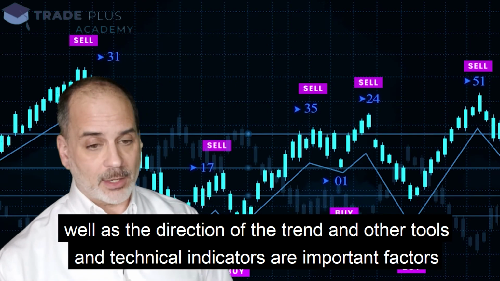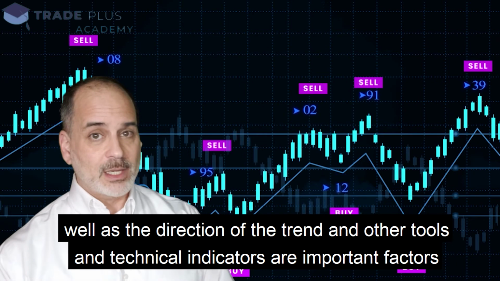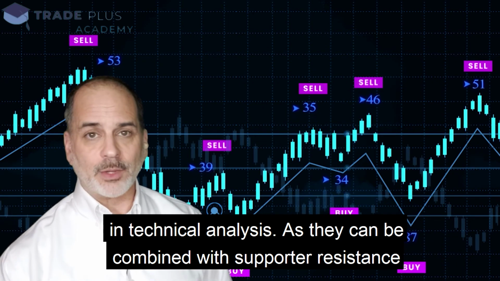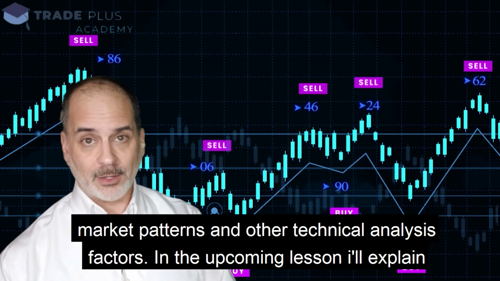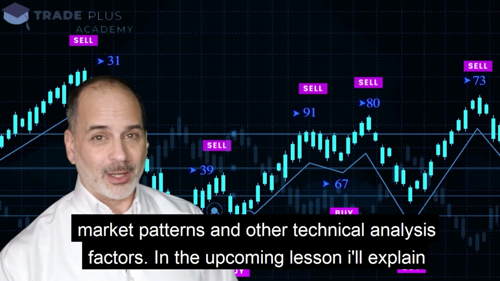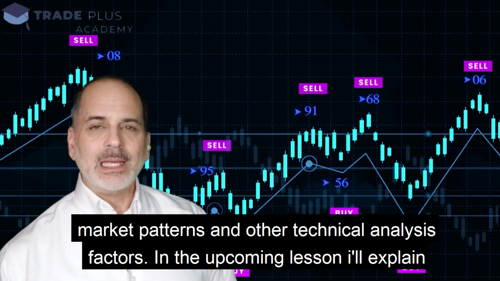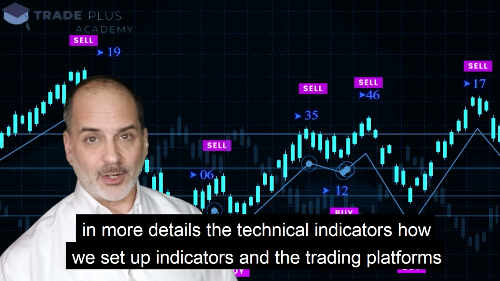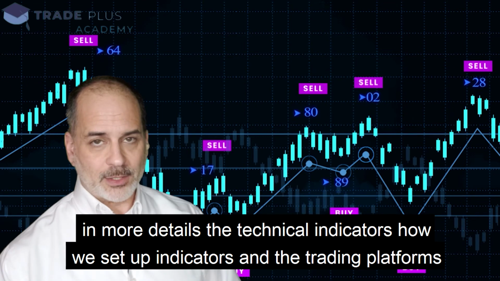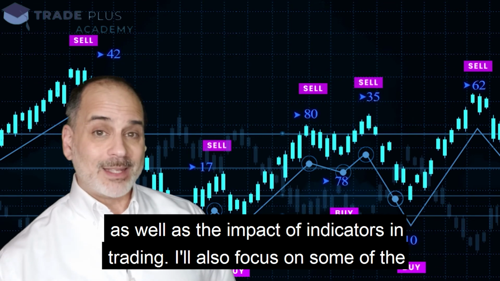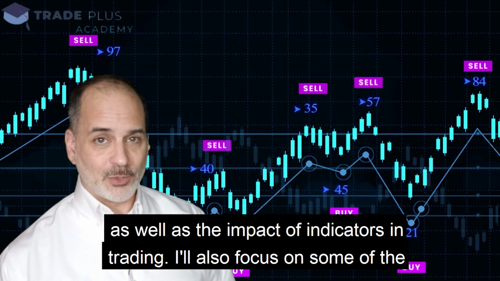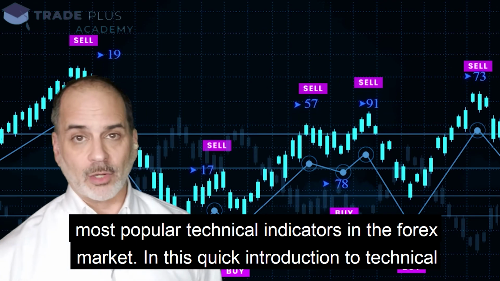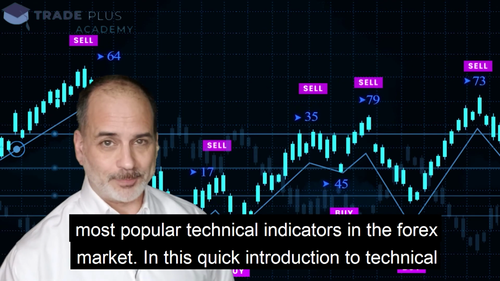And technical indicators are important factors in technical analysis, as they can be combined with support or resistance, market patterns, and other technical analysis factors. In the upcoming lesson, I'll explain in more detail the technical indicators, how we set up indicators in the trading platforms, as well as the impact of indicators in trading. I'll also focus on some of the most popular technical indicators in the Forex market.